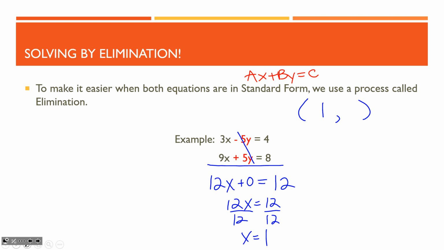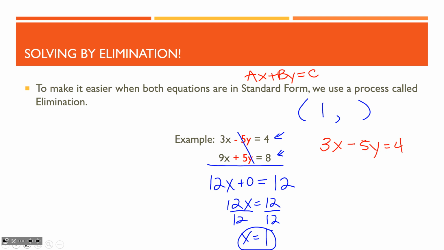Well, now I have the x is 1, but now I need the y value. So I can take this x equals 1, and I can pick either the first equation or the second equation. Either one, doesn't matter. And I'm going to plug that in to solve for y. I'll just pick the top one. So 3x minus 5y equals 4.